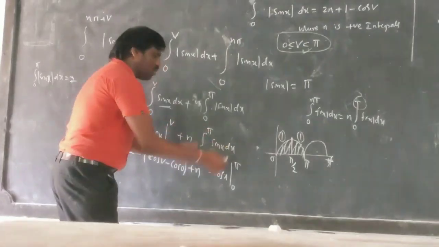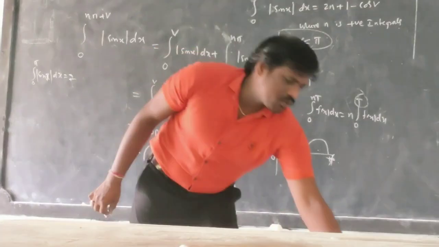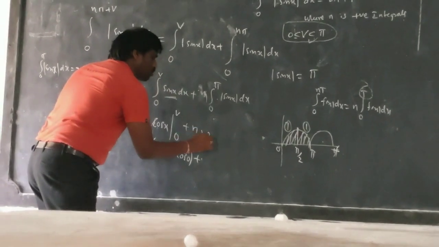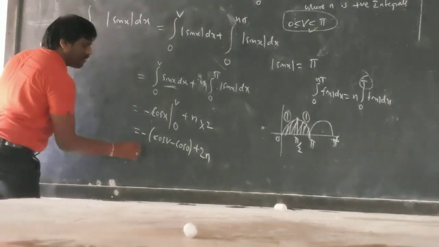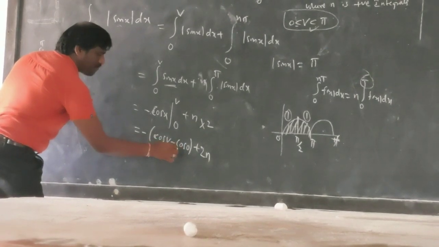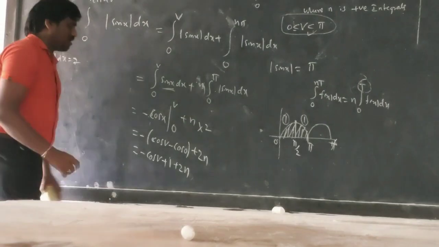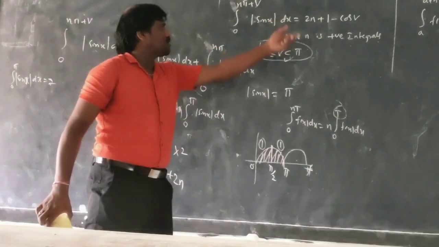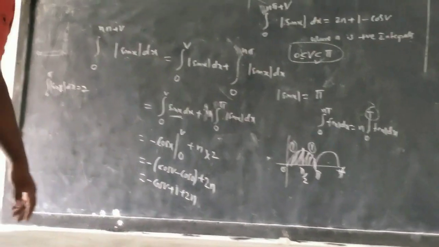Instead of doing the whole process, we already know this is 2. So the answer is 2n, and cos 0 is 1, so we get 1 minus cos b, plus 2n. The answer is 2n plus 1 minus cos b. This is the way to prove it. Hope you understand.